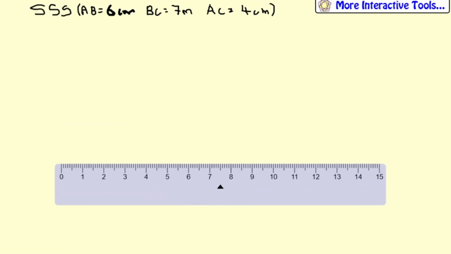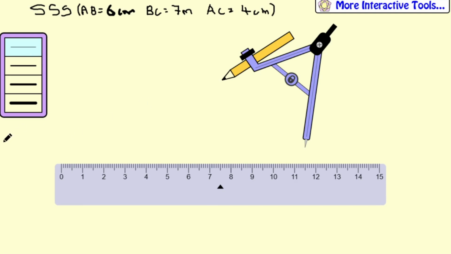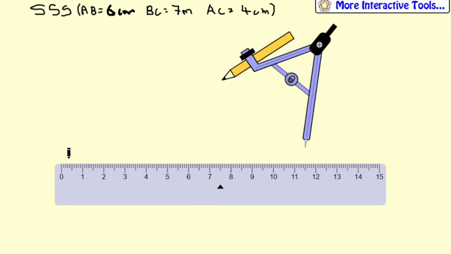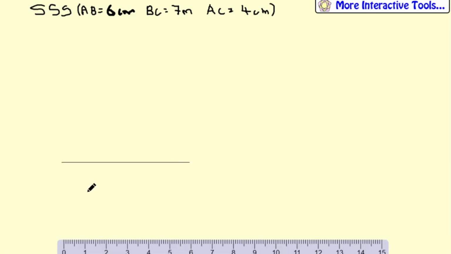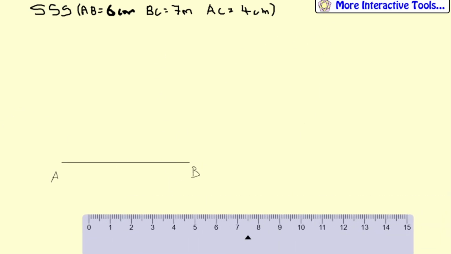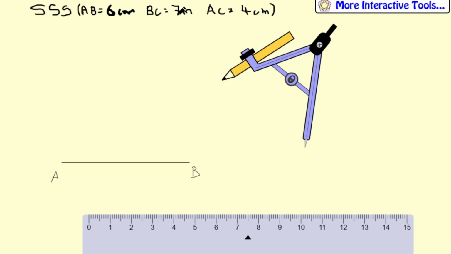I'm going to first draw my 6 centimeter line, which is my AB line, using a light line. Then I'm going to label A, B. Then using my compass and my ruler, I need to get side BC. So we get this already. Let's do BC now.